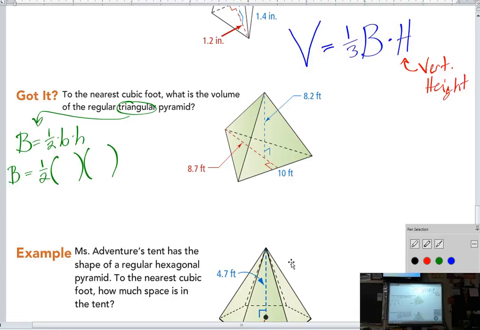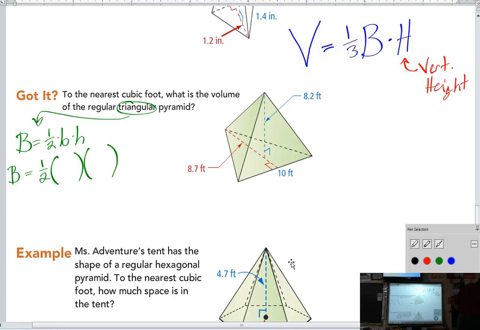So first step, always, regardless of whether you're doing surface area or volume, you need big B in both. So you might as well start with big B always.